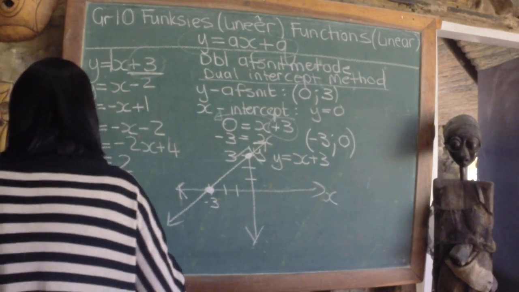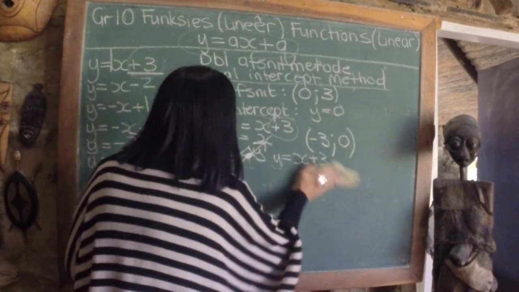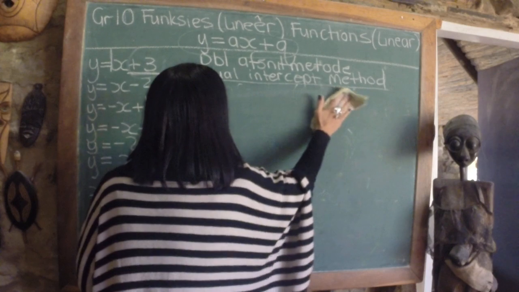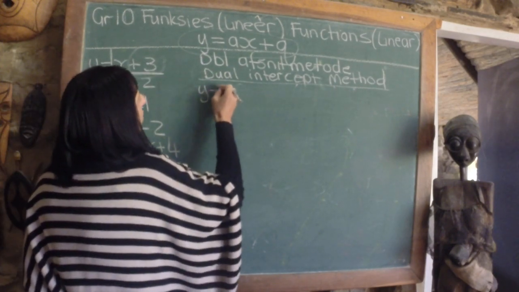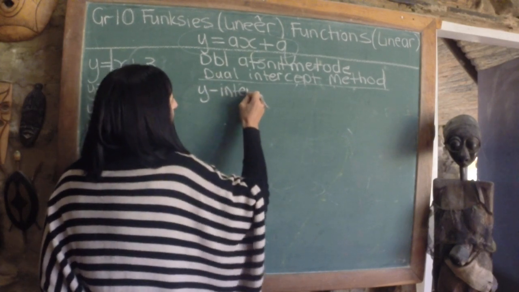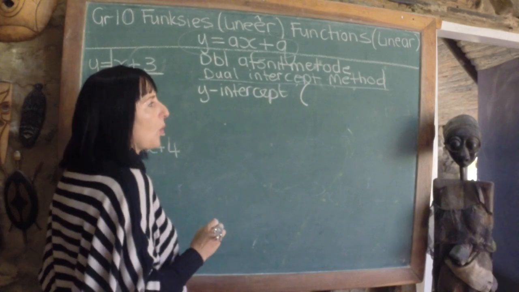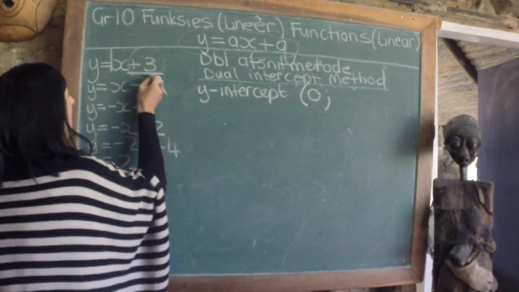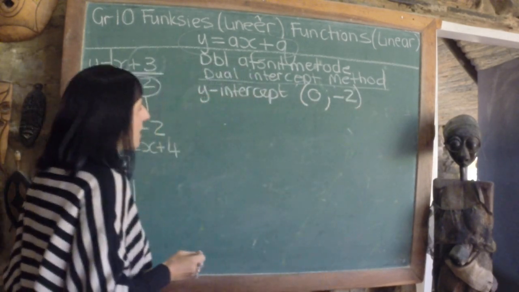Y is gelyk aan x min 2. Because the Q value equals -2, we're going to use the dual intercept method. Hoe begin ons? Ons begin dadelik by ons y-afsnit. Y-intercept, that's very easy. When we determine the y-intercept, we write the coordinate and x always equals 0. Waar gaan kry ons y-afsnit? Daar so hy. So we've got that coordinate.